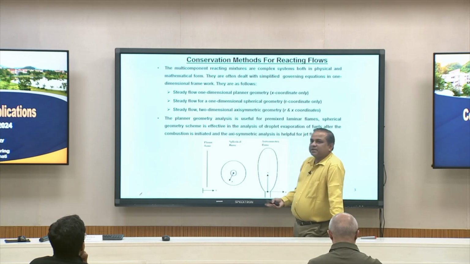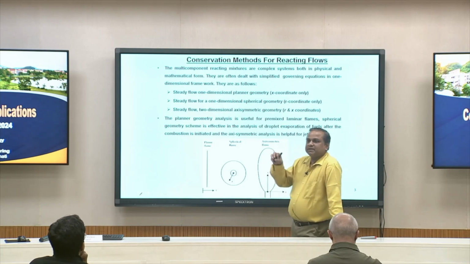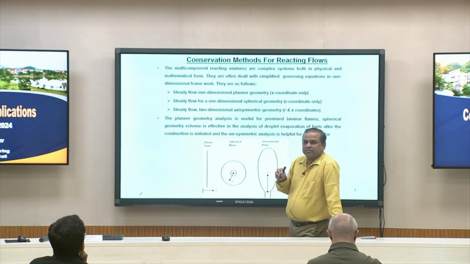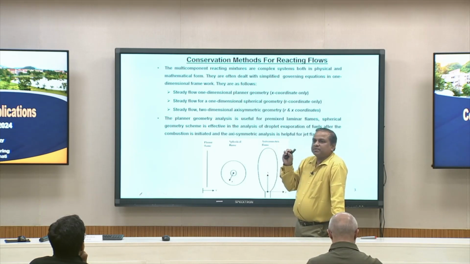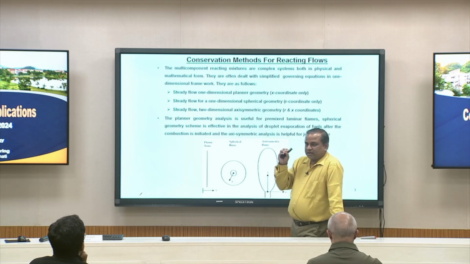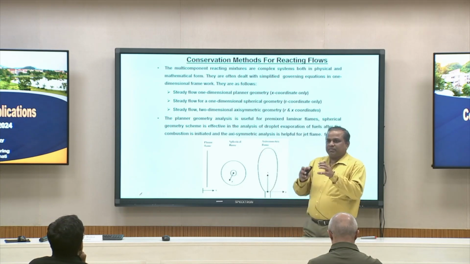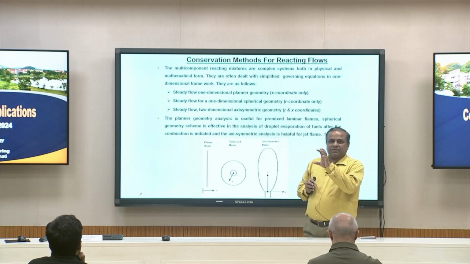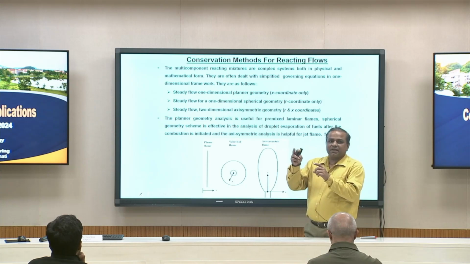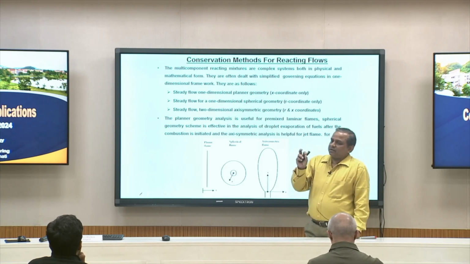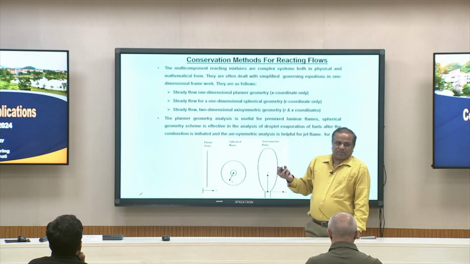Now why is a spherical geometry necessary? Because in diesel engines we inject the fuel through injectors. Fuel comes as small liquid droplets initially, and in the high temperature environment the droplets evaporate. The fuel can be assumed to be initially at a certain diameter, and when it evaporates it vanishes, meaning a droplet with initial radius r0 vanishes when it evaporates.